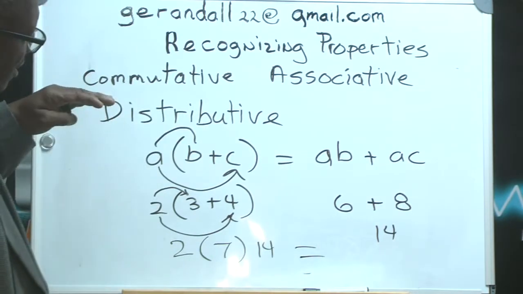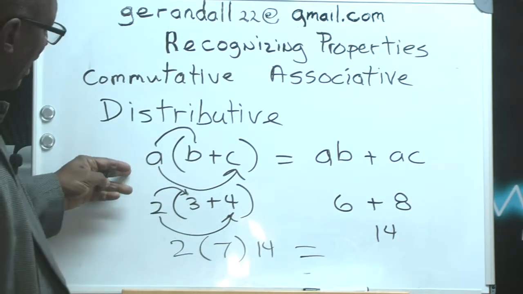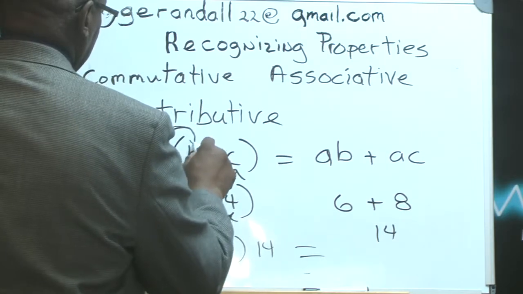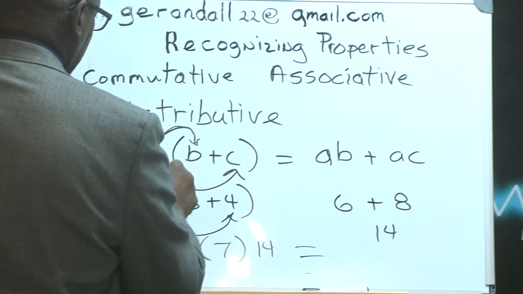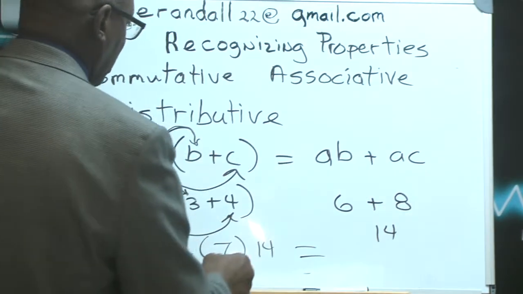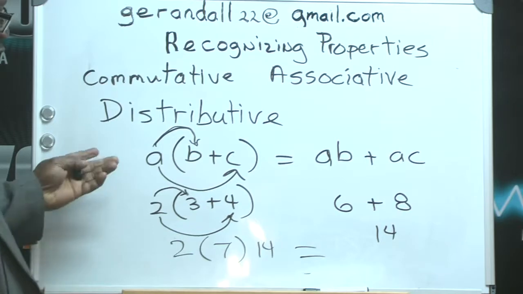So, in reference to the distributive property, there are times when we can take the B multiplied by the A times the C, and we get the same answer, distributive property.